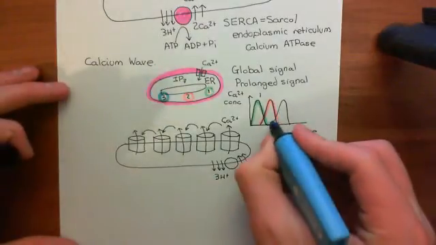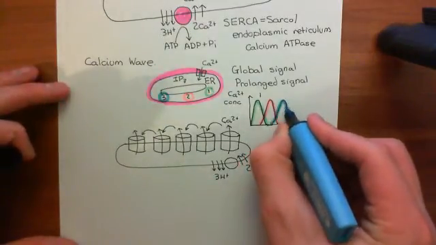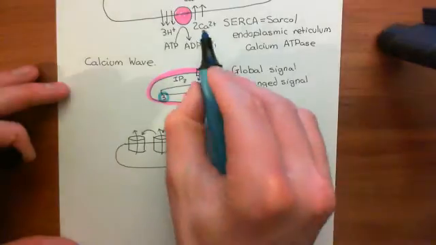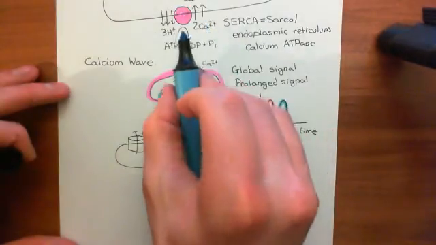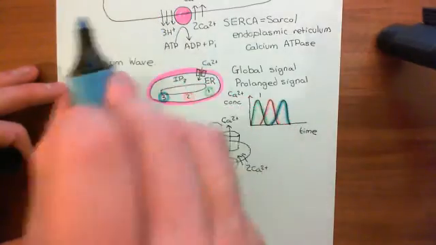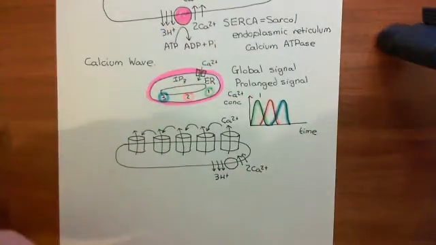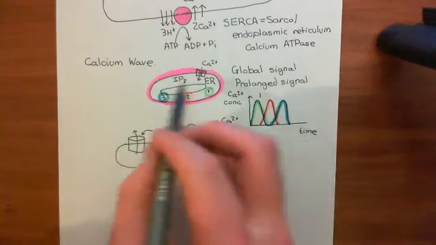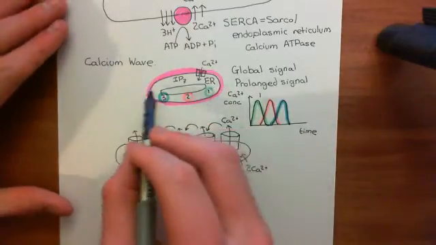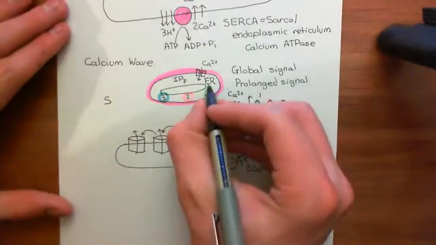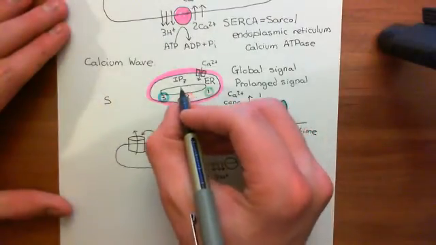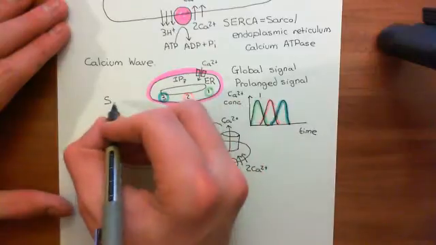Okay, so that's basically the phenomenon of a calcium wave, that the calcium signal propagates along the cell. You get a calcium spike here, which triggers a calcium spike here, which triggers a calcium spike here, in this saltatory conduction manner, basically. Okay, so it's just like the way an action potential propagates along, where an action potential in one place triggers an action potential in another, triggers an action potential in the next, okay?